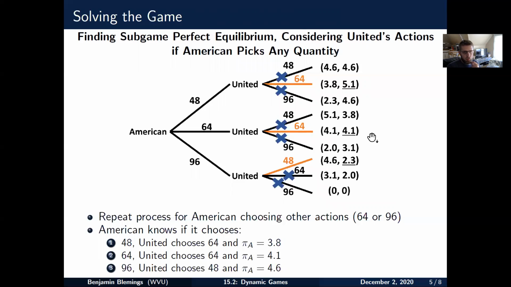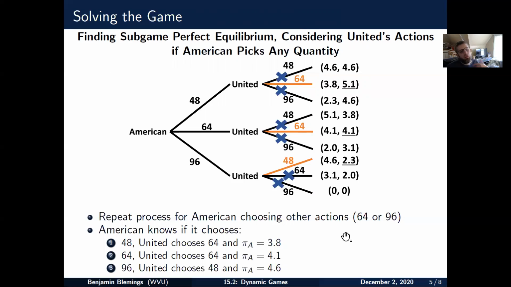They can choose 64 and get 4.1, or they can choose 96 and get 3.1. And they like 4.1 over all those, so they're going to choose 64 if they find themselves here. And then the last one, by the same elimination strategy, we know that if American chooses 96, United chooses 48, because 2.3 is better than the other two.